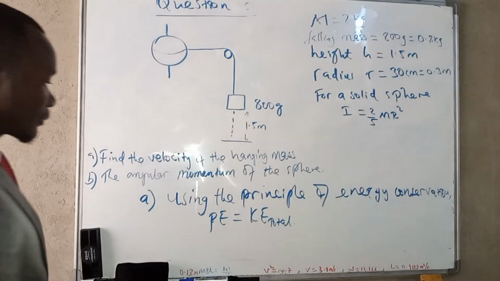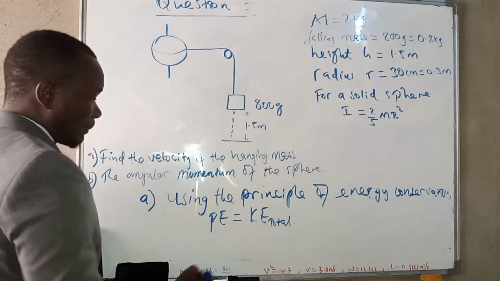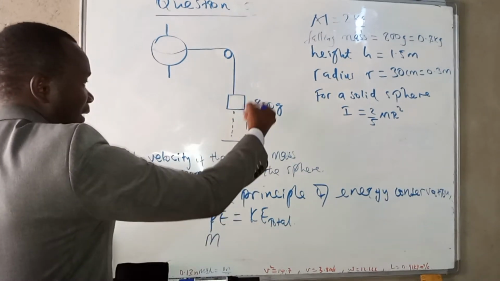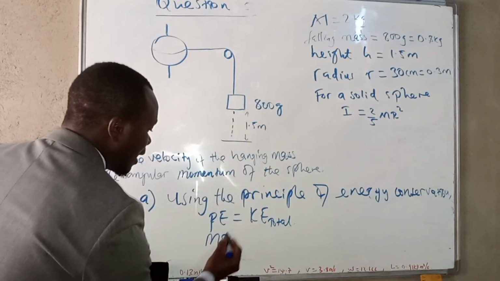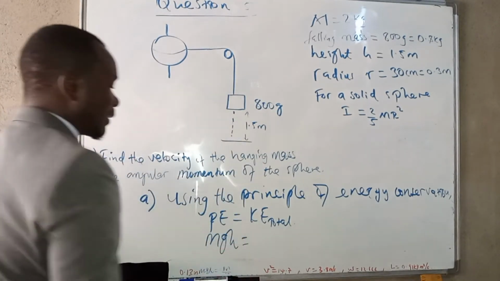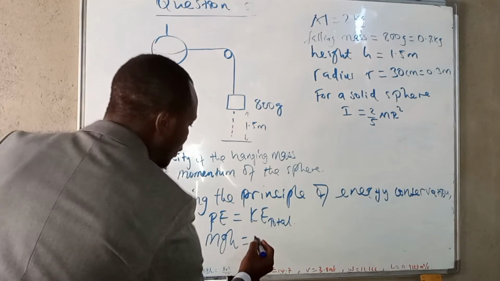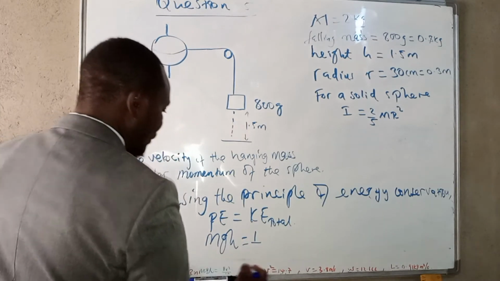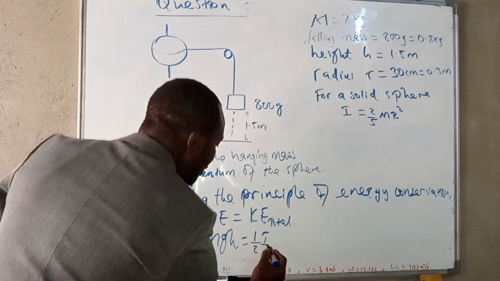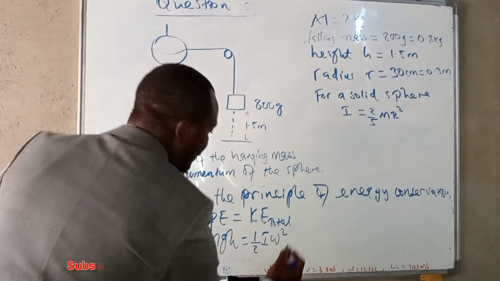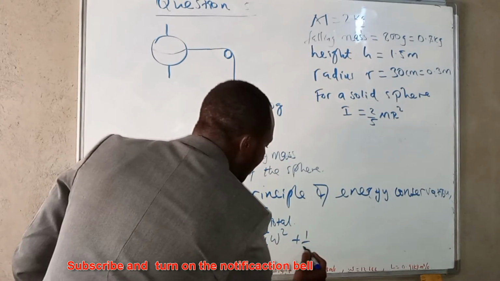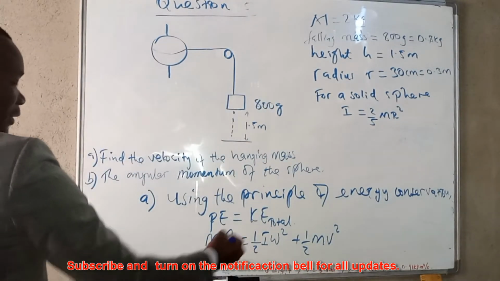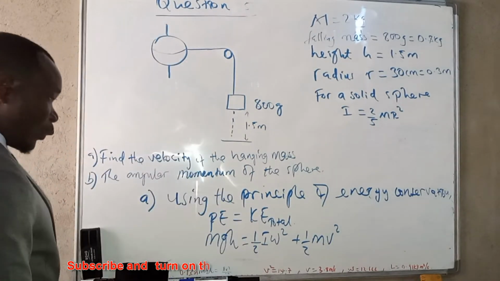Potential energy, since it is just under the influence of gravity, is given by mgh. The kinetic energy is the rotational kinetic energy plus the translational kinetic energy.